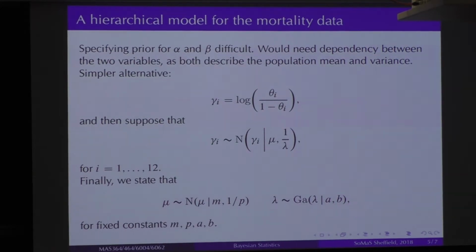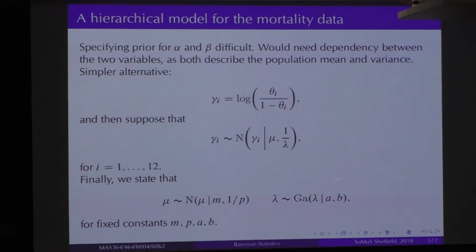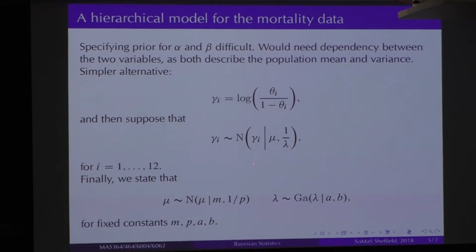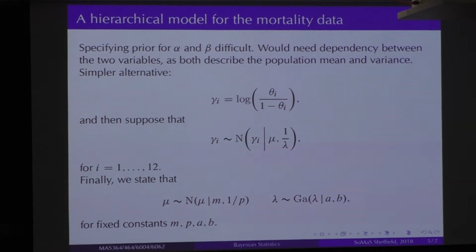So the prior that I can use for these gammas can be a Gaussian, for instance. And the advantage of doing that is I know how to deal with this hierarchical structure, right? I know how to set parameters for M, P, A, and B, and I know that this hierarchical structure can be set up in a Gibbs strategy, okay?